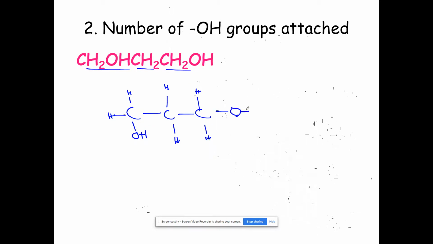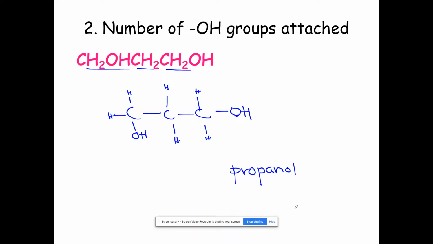OH. All right, meth, eth, prop. Now, we're going to learn in a second, but if you don't want to wait, take a look right now on the table. The suffix of an alcohol is OL. So propane would become propanol.